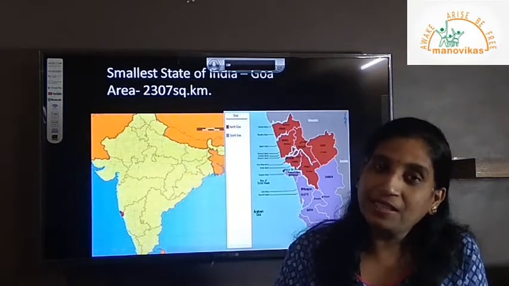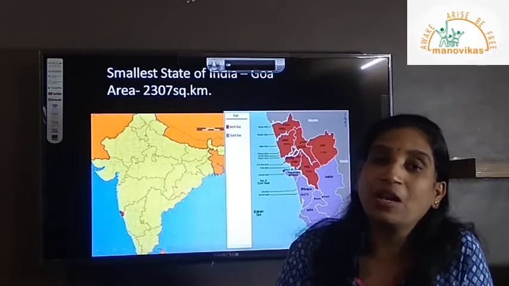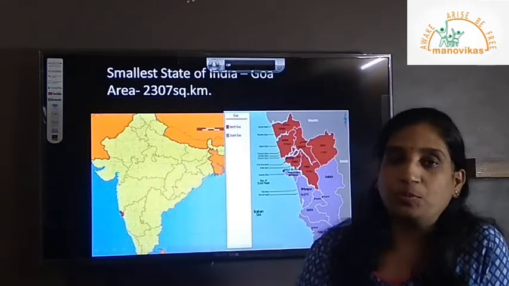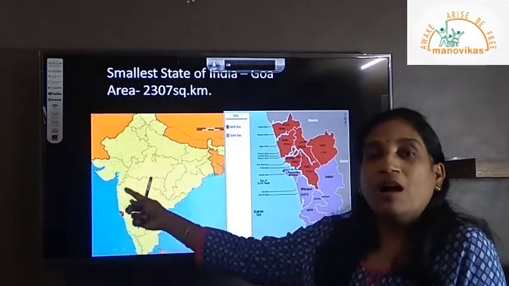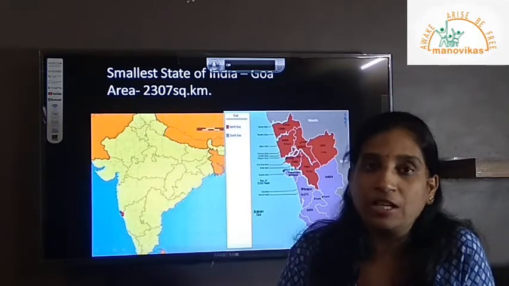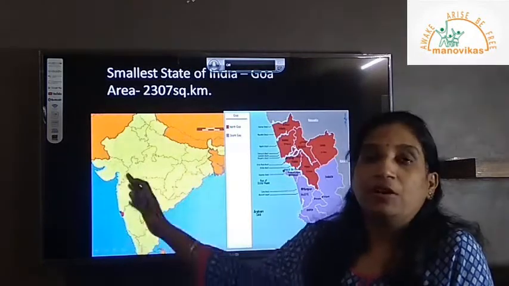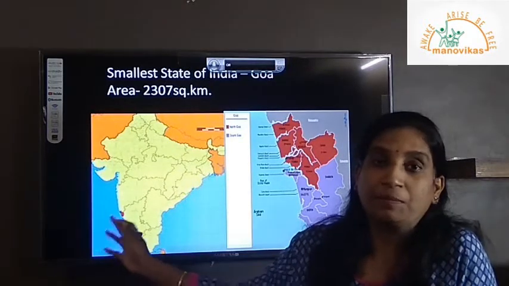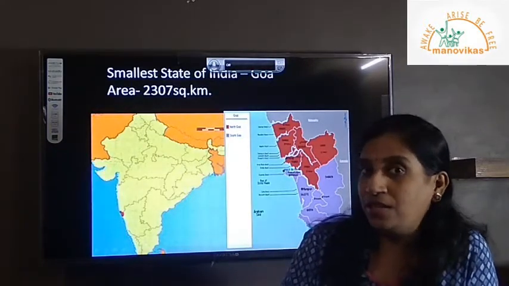And the smallest state, where we live, Goa, is the smallest state in India. You can see its location towards the southwest margin of India, and we share our margin with the major west coast of India, which is part of the extension with the Arabian Sea.